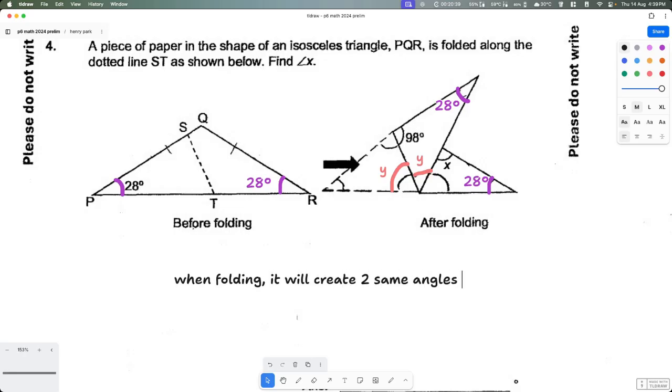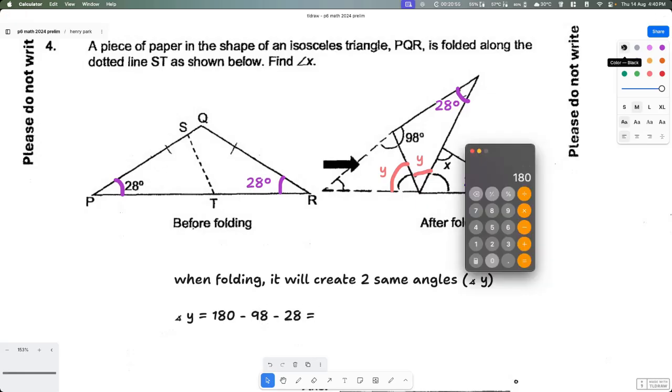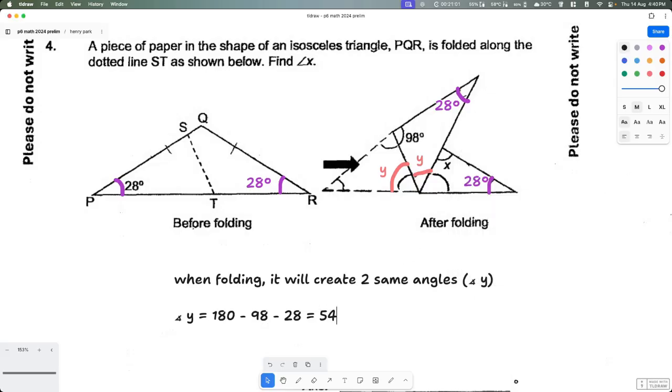So I see over here, which is angle y. Okay, so in this case over here we have 180. So angle y is equal to 180 minus 98 minus 28. Okay, and what will this give us? So 180 minus 98 minus 28, and this will give us 54 degrees.